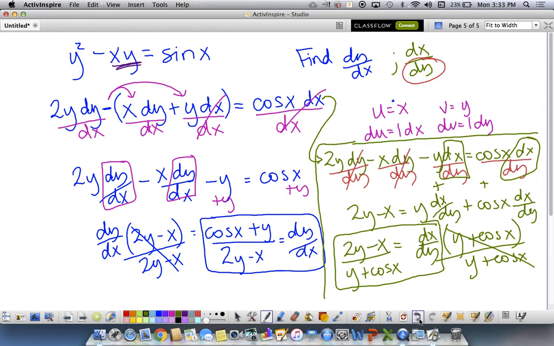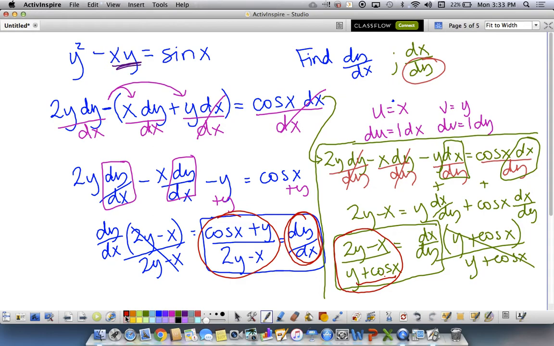Now, some of you figured this out already, and you said, hey, Miss Evans, if I'm just flipping this, taking the reciprocal of it, will that not just be the reciprocal of what the other side is? So if I flip, did it simply flip? Instead of cosine x plus y, that's the same thing as the bottom, x plus cosine y. It's the same thing, and 2y minus x?